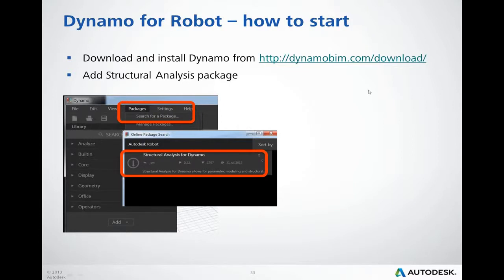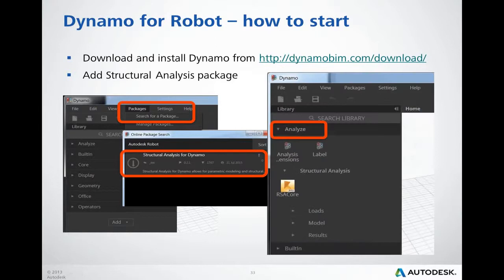After this procedure, we can see an additional item in the library under the Analyze branch. We can find Robot Structural Analysis, where we can see the loads and model results, so we can access built data using these items.